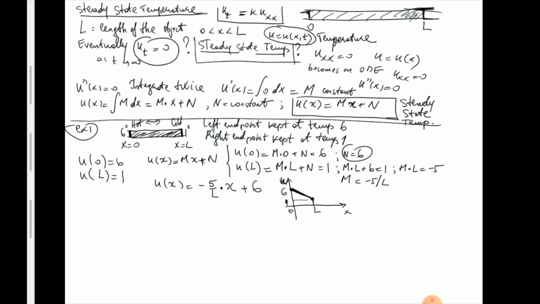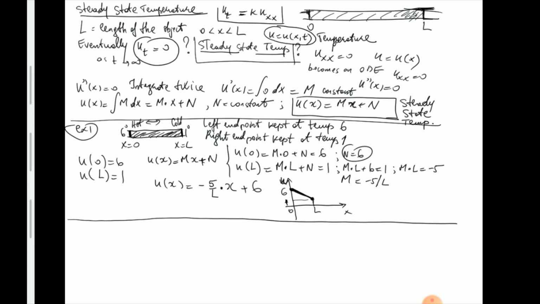So that's one thing. Now, let's see what happens if you have, for instance, another condition in which we mix things up. Let's say I have a prescribed flow on the left end point and a fixed temperature on the right end point.